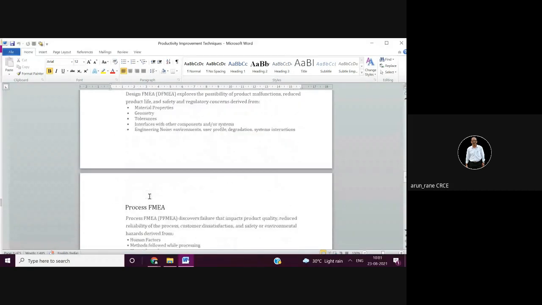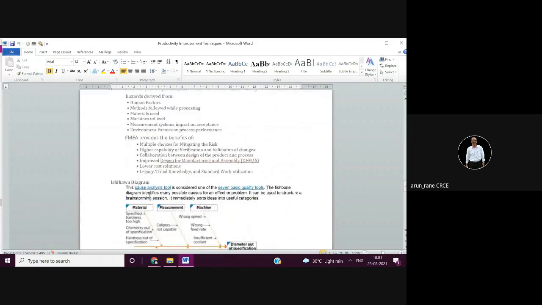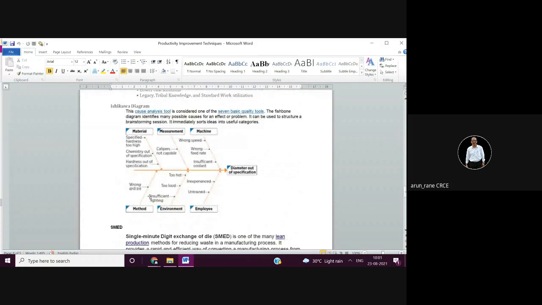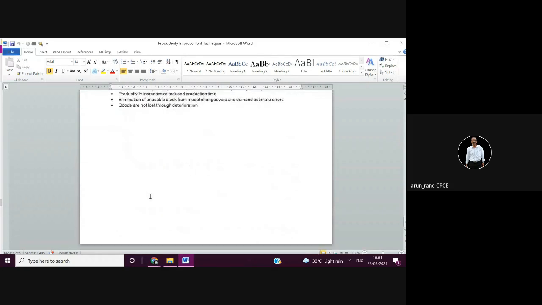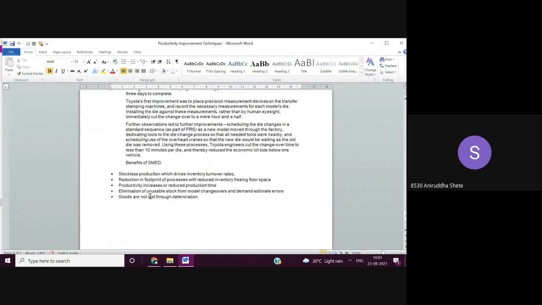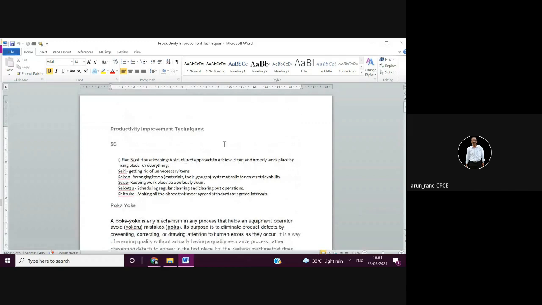FMEA. In FMEA you have design FMEA, then process FMEA, Ishikawa diagram, then SMED. So these are the productivity improvement techniques. When it was mentioned to only state, you have to just write down the names. The description is not required, and discuss any 5.